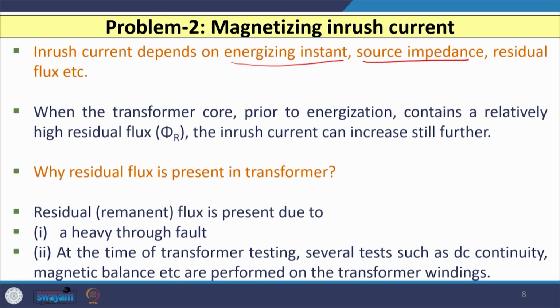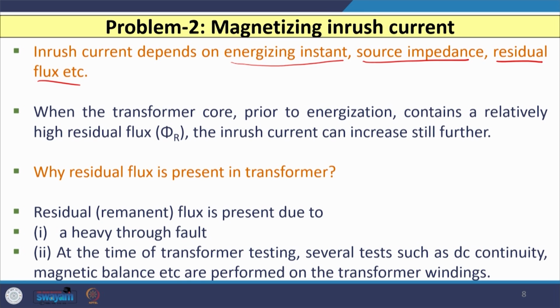The second parameter which decides the magnitude of inrush current is the source impedance. The third, very important parameter is the residual flux. Source impedance, of course, is not in our hand because it is a design parameter. However, residual flux is a variable quantity.